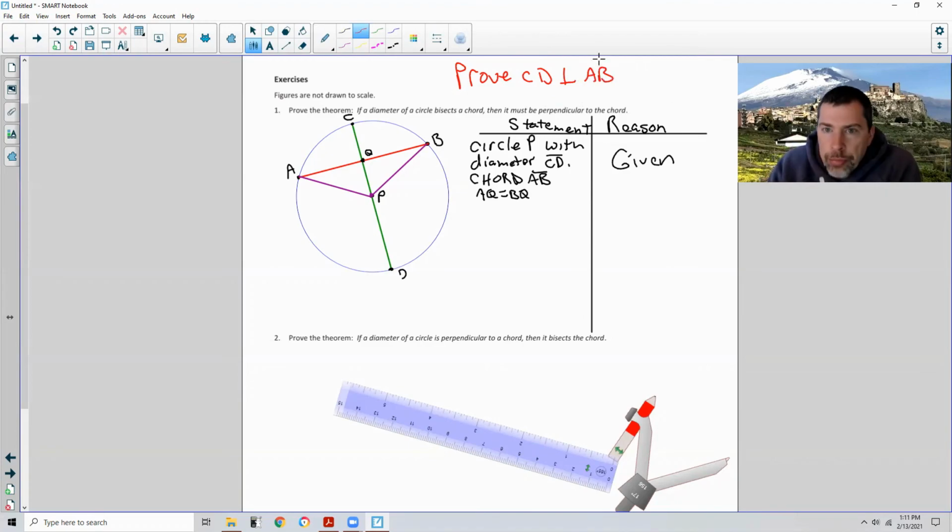Okay, that's what we're trying to prove. Segment CD is perpendicular to AB. Circle P with diameter CD, given. Chord AB, given. AQ equals BQ because the diameter is bisecting it. All givens.